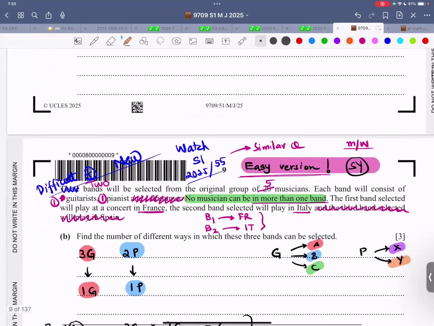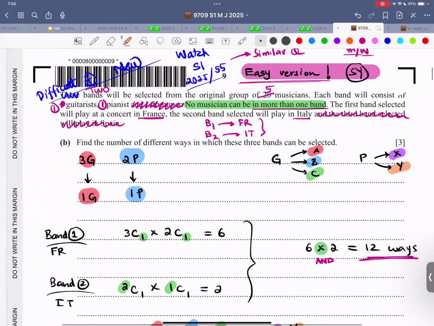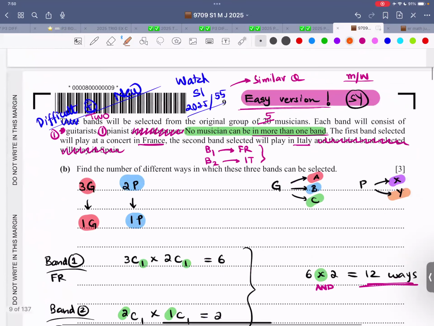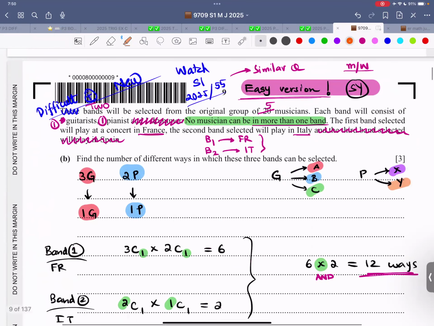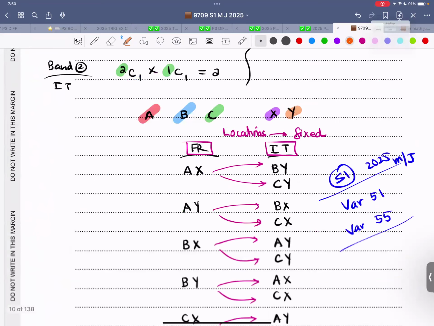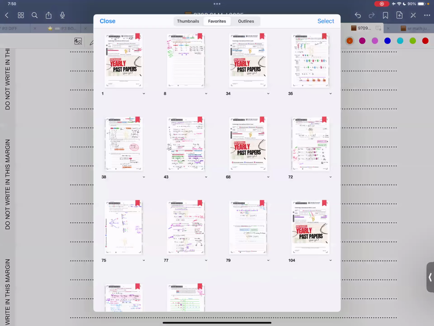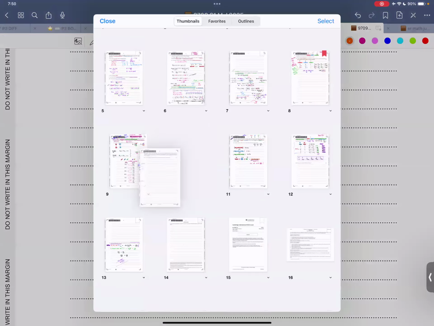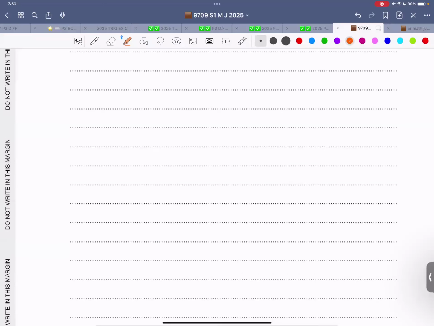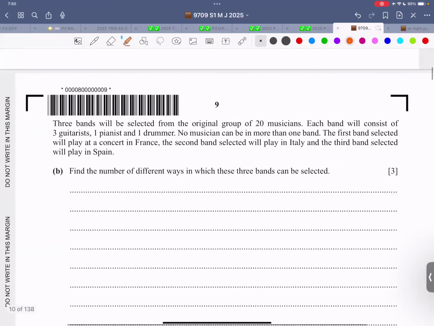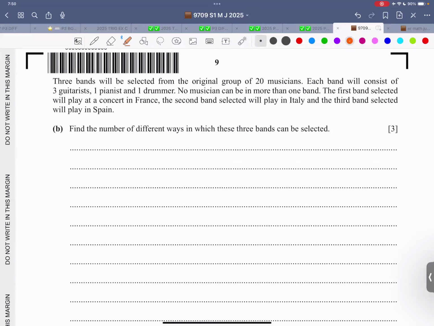Now over here, I have done this question, and let me first show you the blank page so that you can have a good look at it. Then I'll do an easy version and then the real question. That is how much I'm focusing on this. Now it says 3 bands will be selected from the original group of 20.